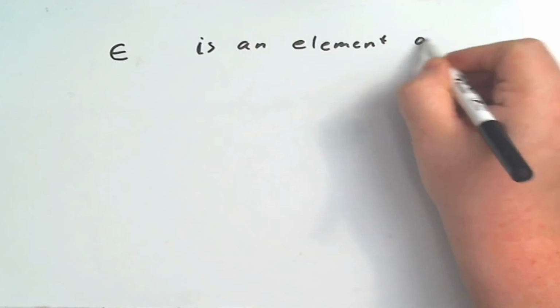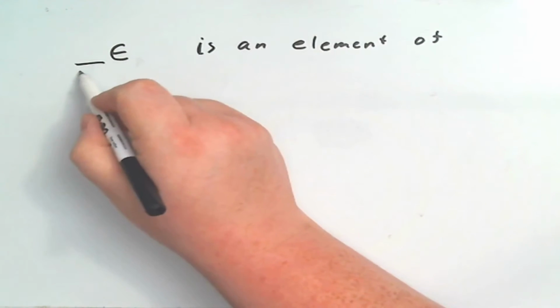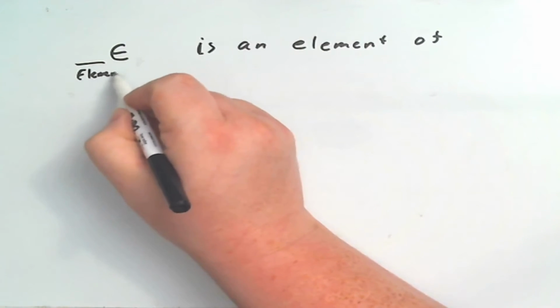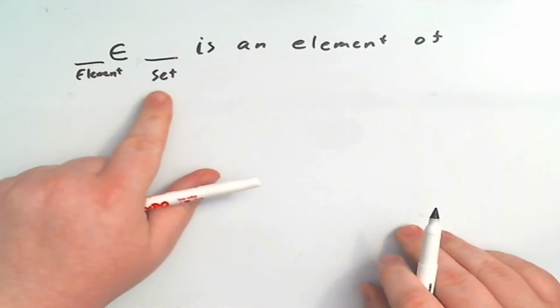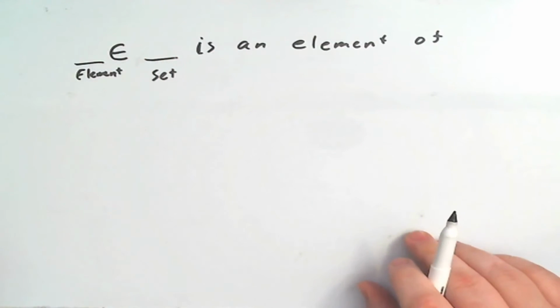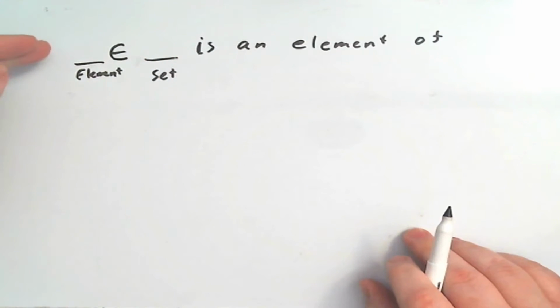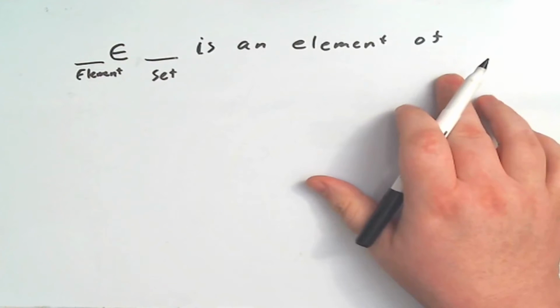So on one side, we're going to put an element here, and on the other side, we're going to put a set. This could be the name of the set, or we could actually physically write the set out there. And so we're describing that this element is in the set. So it's an element of the set.